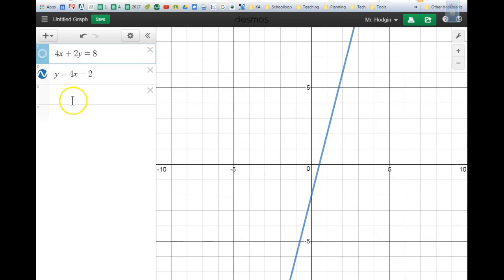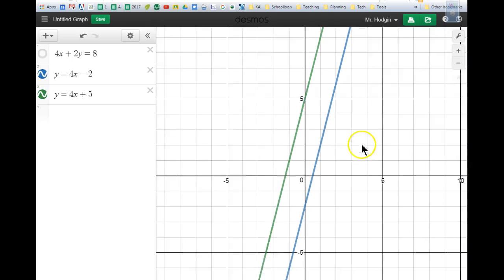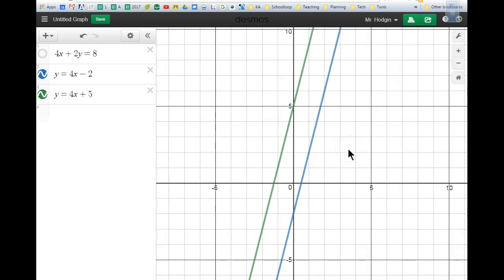Question though, what is the answer in this case, if the answer is where they intersect? What would the answer be here for this system? Right? So if they intersect, 1, 2 is the answer.